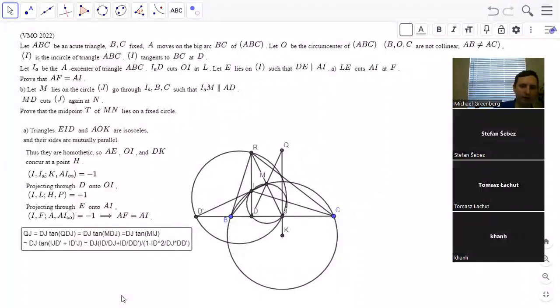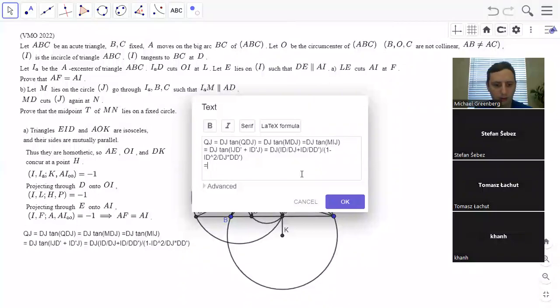And then if you multiply everything by DJ times DD prime, you get, this is going to be, multiply numerator and denominator by DJ times DD prime. So it's going to be DJ.